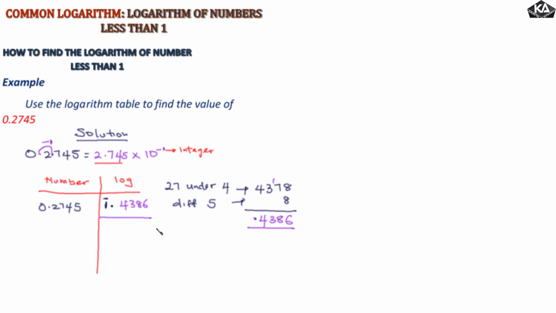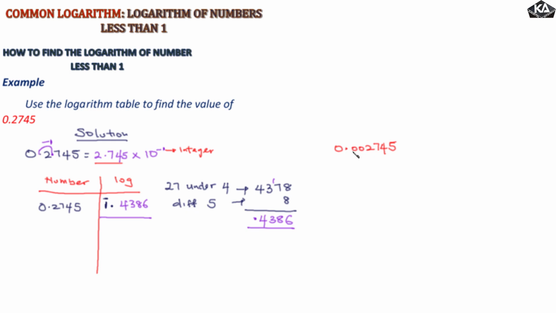Now let me quickly use another example. In a case whereby you have 0.002745 and you are told to look for the logarithm of this, what will you do? One of the most important things I've told you is to make sure the point is in front of the first digit when converting to standard form.